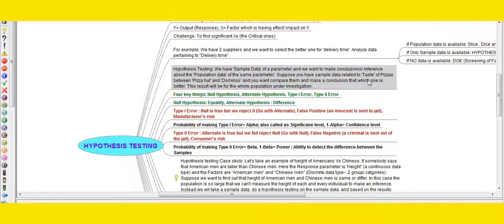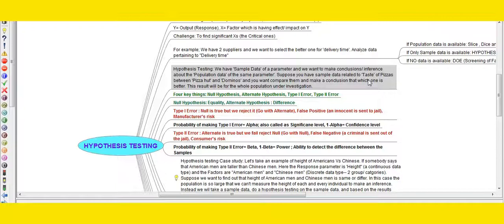Those are sample data points, and based on the result of hypothesis testing, we predict that the population behavior is like this. One brand is better than the other brand. So this is all possible based on the sample data.